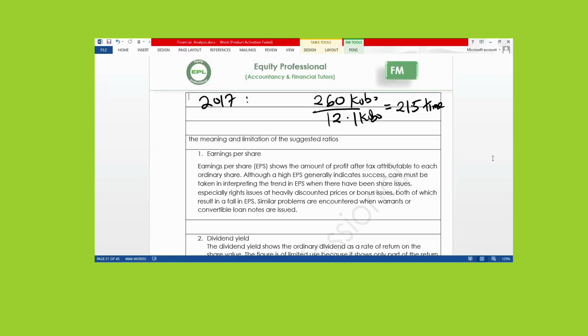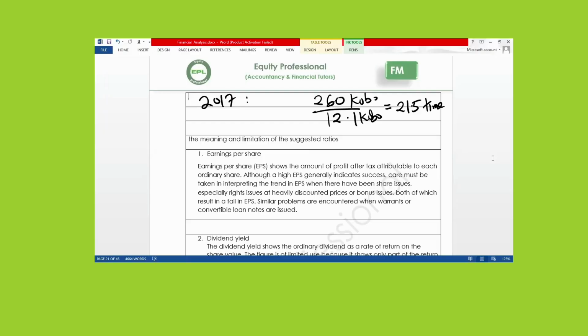Also, if ordinary shares are repurchased, the number of ordinary shares will reduce, and earnings per share will rise. This does not mean that the company is doing well. Similar problems are encountered when warrants or convertible loans are issued.